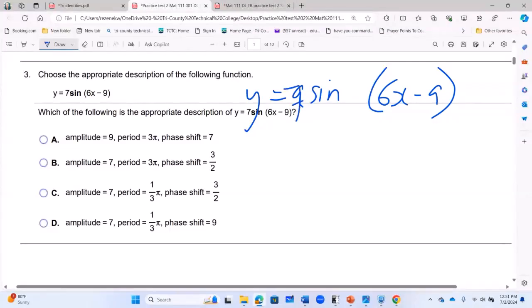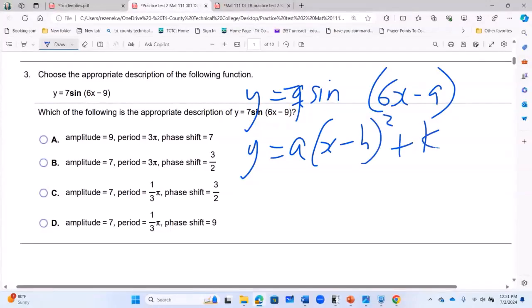Suppose you are told to explain this. You use transformation. You just compare it with the quadratic function, your transformation in vertex form. So just say a times (x minus h) squared plus k.